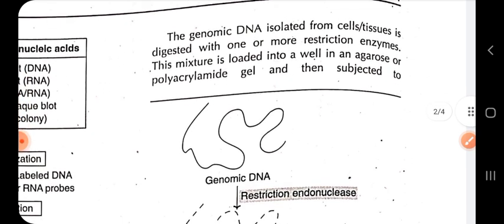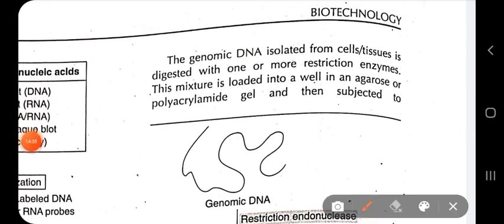First, the genomic DNA is isolated from the cell or tissues. This is the first step, because in Southern hybridization we will hybridize our target DNA. Then that genomic DNA is subjected to restriction digestion.